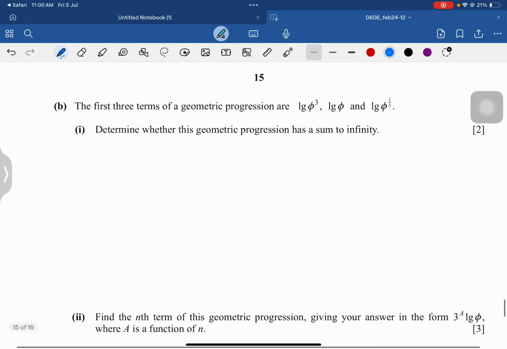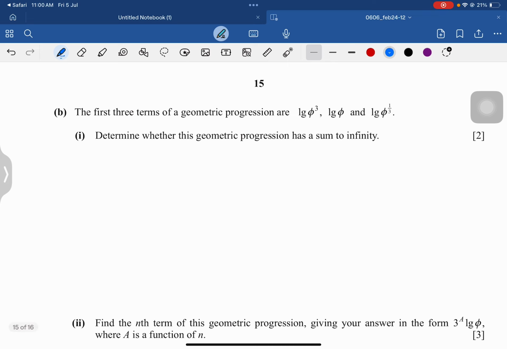Okay, this one is geometry progression. Determine whether this geometry progression has sum to infinity. For sum to infinity to exist, your common ratio must be between minus 1 and 1.